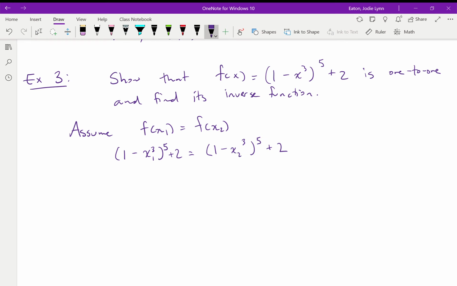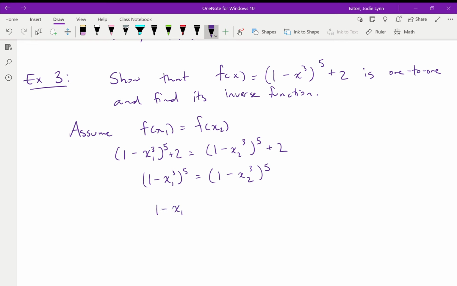Well, we can subtract 2 from both sides. So we get 1 minus x1 cubed to the 5th is 1 minus x2 cubed to the 5th. Now we can take the 5th root of both sides. Because the 5th root is an odd root, there is only one answer. We don't get a plus minus, we only get 1 minus x1 cubed.